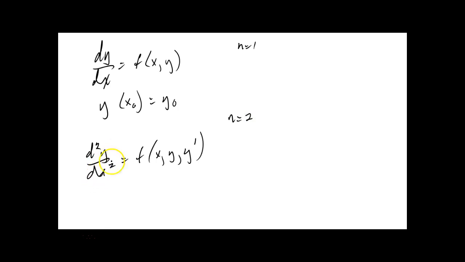So what conditions would you need? Y of x0, you can still call y0, but what other one do you need? Y prime at that same value, x0, and that usually you will call y1.